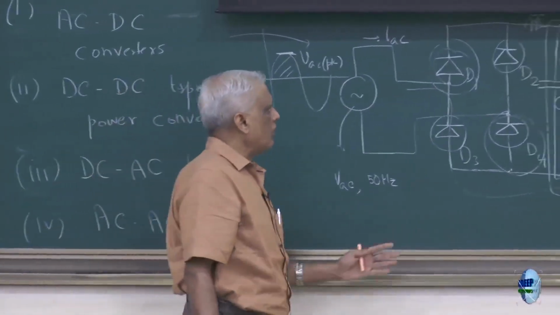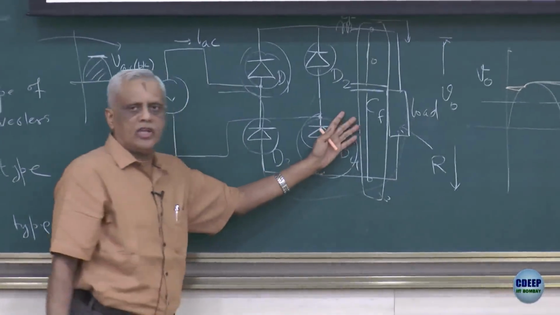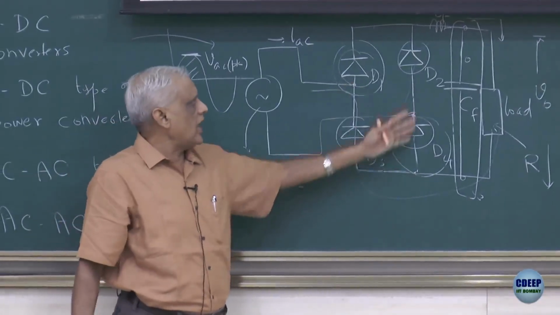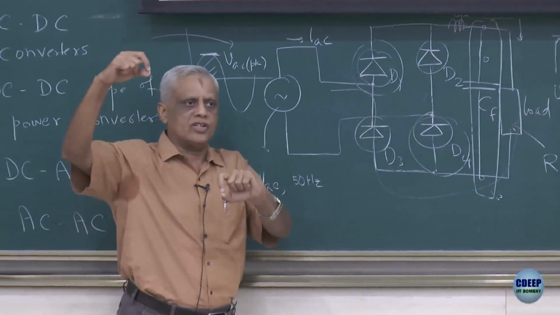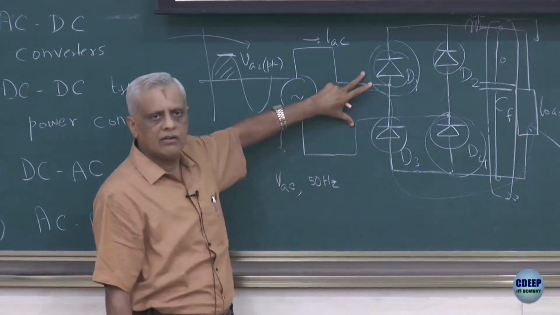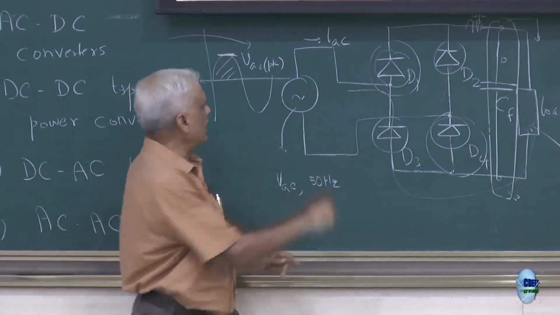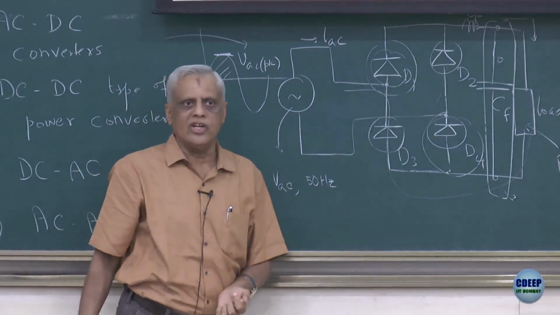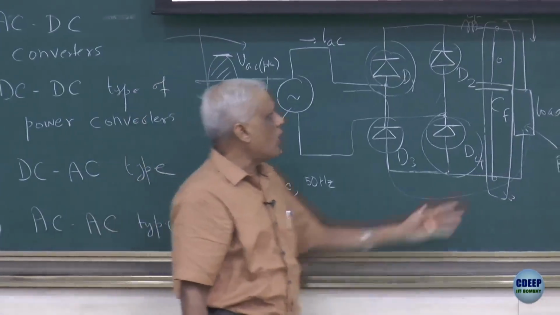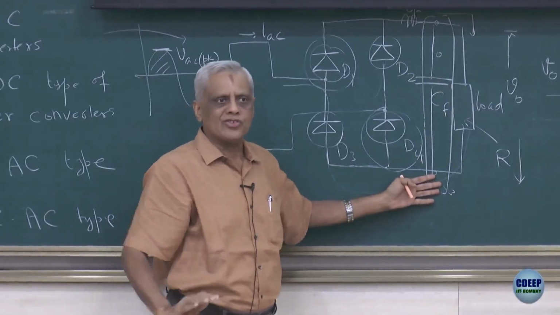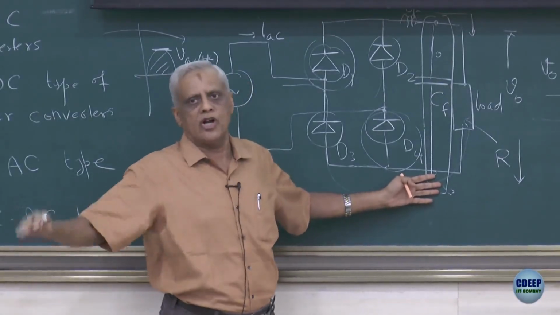Okay. So now you will see that the conduction of the diode depends on the voltage between its anode and cathode. On this side the voltage is varying as per the natural tendency of the AC input voltage, but on the output side you have a DC standing almost at a constant value, or maybe with a small dip.